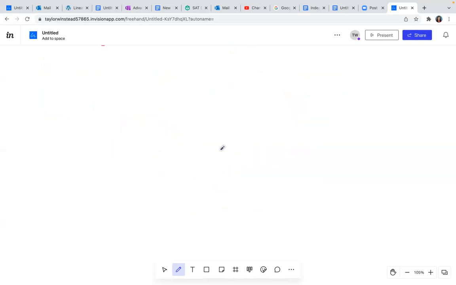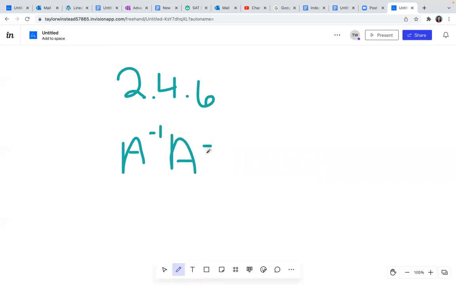So next we talk about some algebraic rules. So we're going to talk about multiplying with the inverse. For theorem 2.4.6, they explain that for an invertible n times n matrix A, inverse A times A equals the identity matrix, and A times inverse A equals the identity matrix.